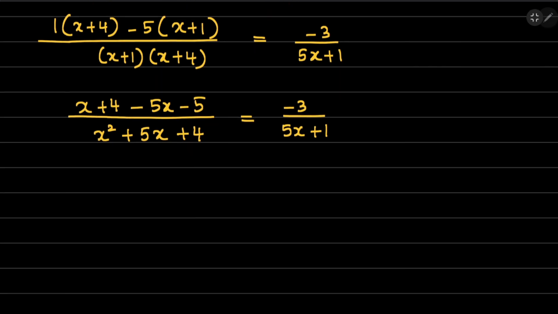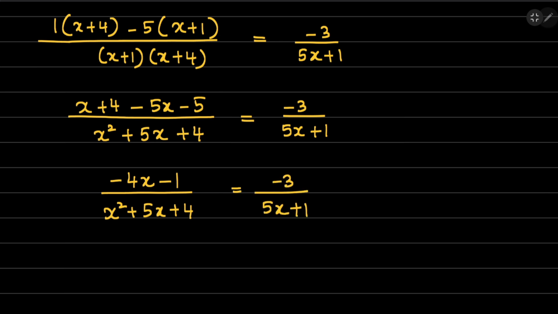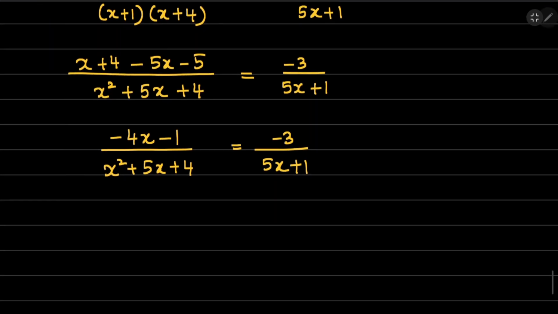So you can see here you have x minus 5x is nothing but minus 4x. 4 minus 5 is minus 1 whole divided by x square plus 5x plus 4 is equal to, again, the same RHS. And now what you can do is, at this point we can cross multiply.